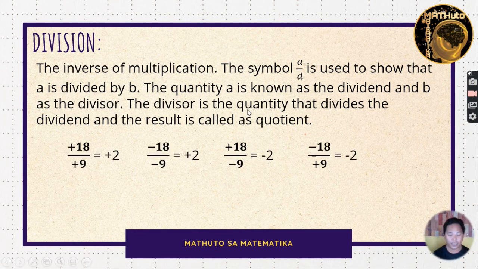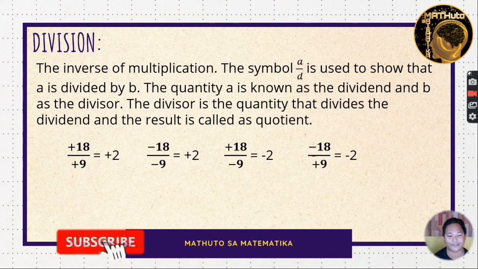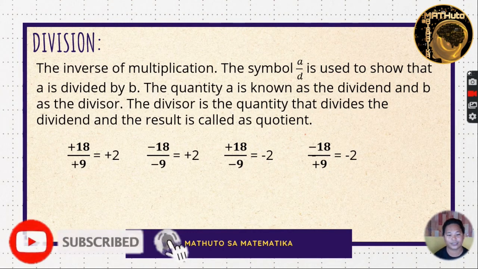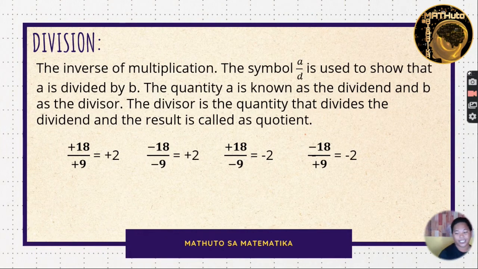form po. So for the first two, same with the rule of multiplication, if we have same sign po ng ating dividend and divisor, so if we have positive 18 divided by positive 9, the result is positive 2. Same with the second example, if we have negative 18 divided by negative 9, the quotient is positive 2.